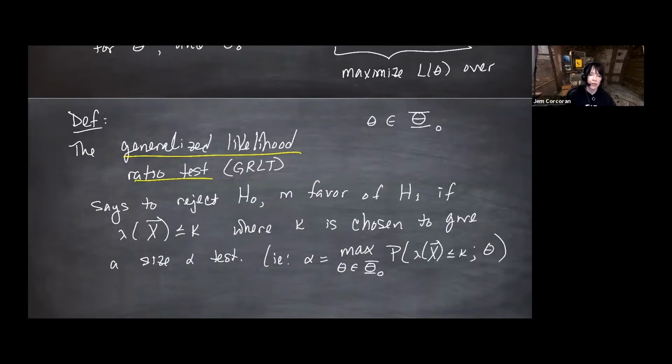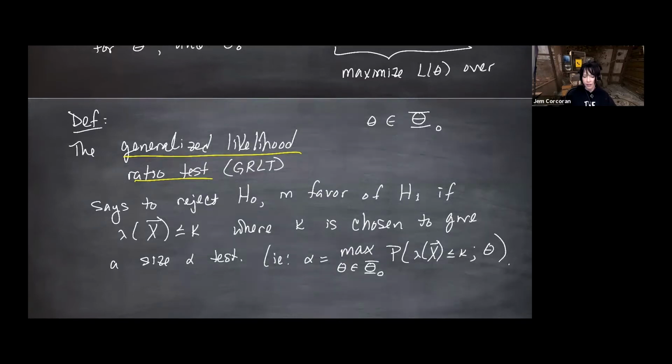That's just what it means to be size alpha for this composite null hypothesis. So a couple of words about why this is a test. Something I think some of you might be thinking is, I'm going to scroll up.